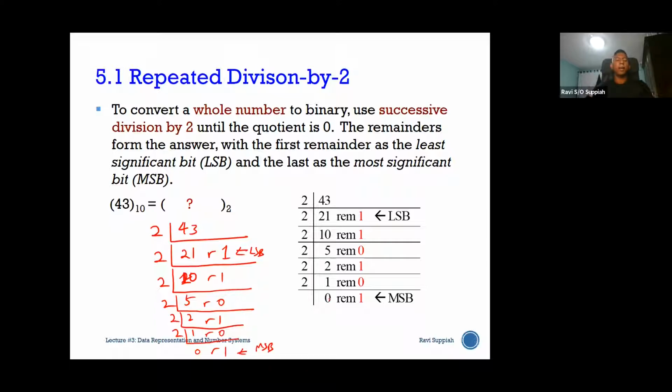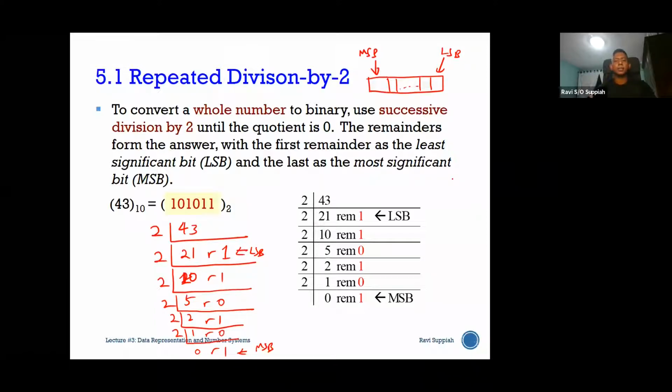When you write a binary number, let's say it's an 8-bit number or 16-bit number, the number of bits doesn't matter. The leftmost bit is always called the most significant bit, and the rightmost bit is called the least significant bit.